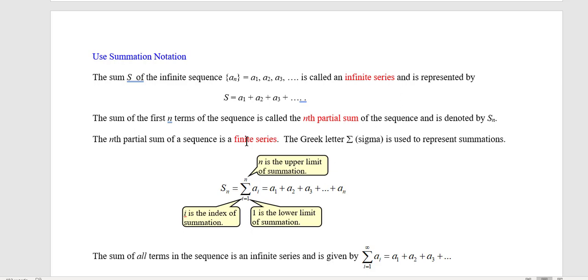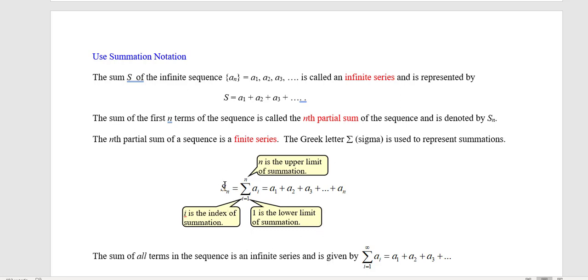And here's where we get to this summation notation. This Greek letter sigma is a letter used to represent one of these summations, adding all these terms of a sequence up. Whether it's infinitely many or finitely many, we can use this summation notation written here to express it.